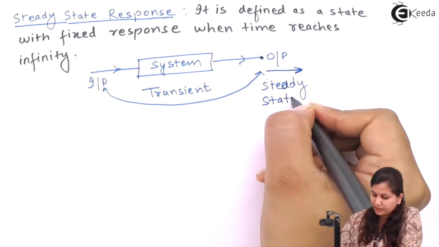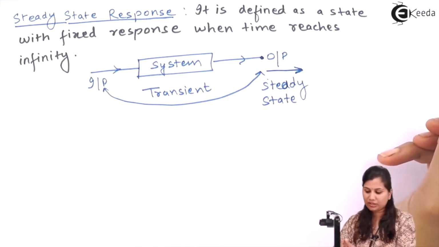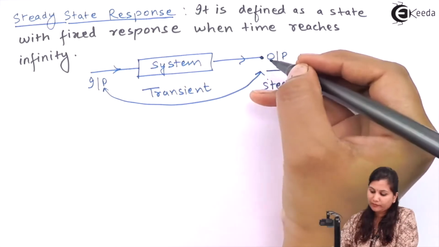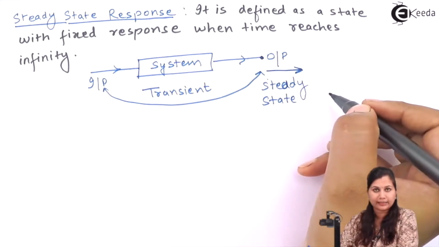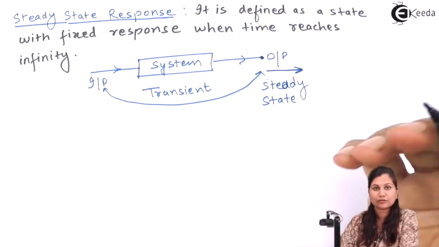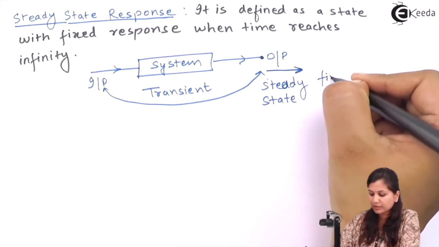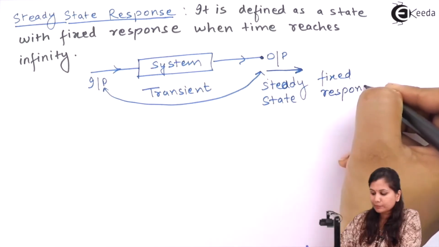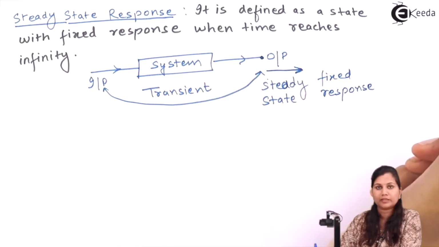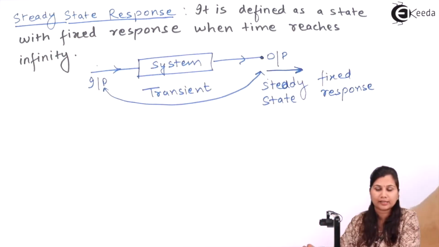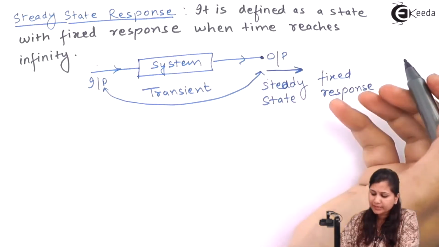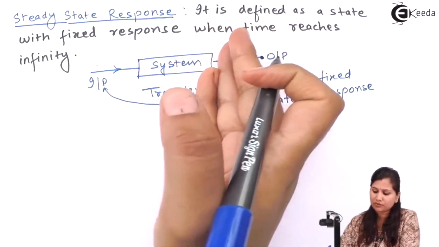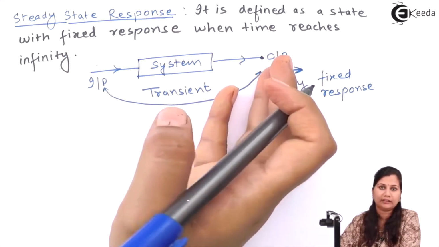Steady state means a state which is not changing with time. So when the system has attained a steady state and it is not changing, that is, the response is fixed, that response of the system is called the steady state response. And this steady state response is achieved as the time reaches infinity.